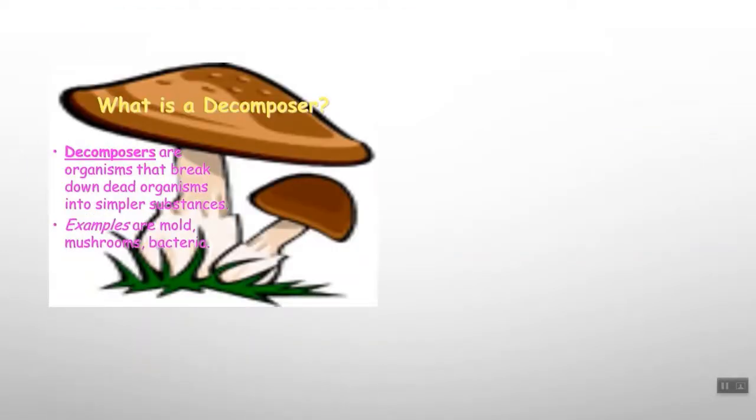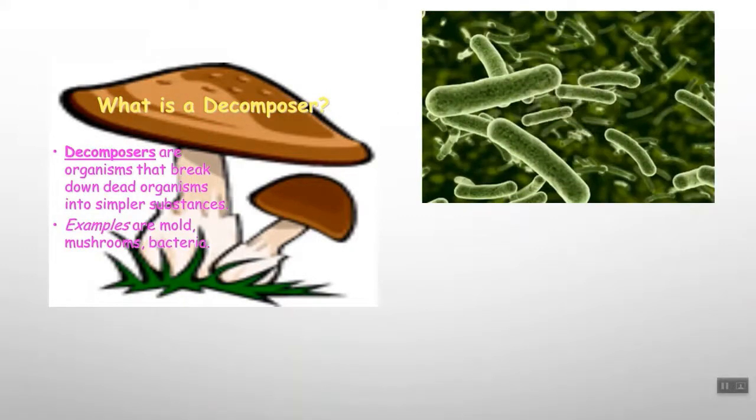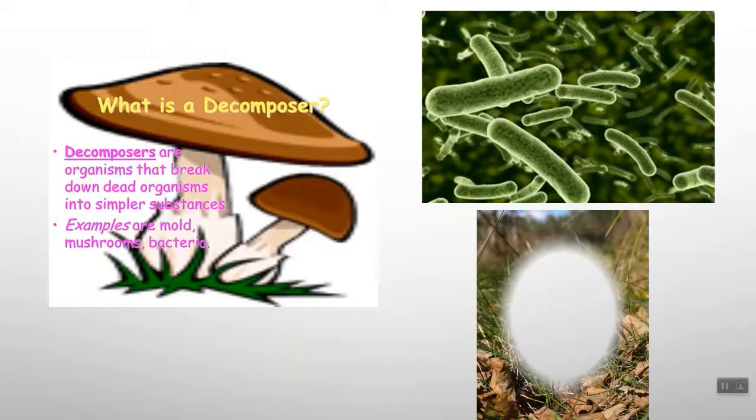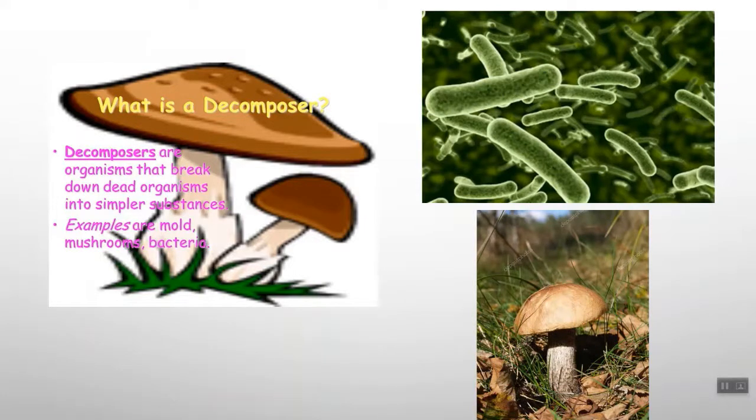The decomposers are the organisms that break down dead organisms into simple substances, such as mold, mushroom, and bacteria. Here, this is the bacteria, and this is the mushroom. Both of them are called saprophytes or decomposers, in which they break down dead organisms or food remains into simple substances.